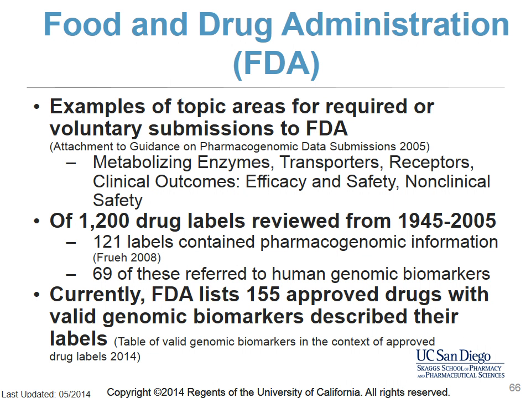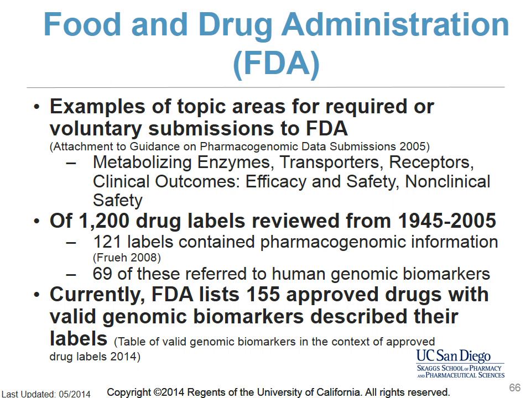FDA released a final guidance document on pharmacogenomics data submissions in March 2005. In that final guidance document, there were 1,200 drug labels that were reviewed from 1945 to 2005. Of those, 121 labels contained pharmacogenomic information. 69 of these refer to human genomic biomarkers.